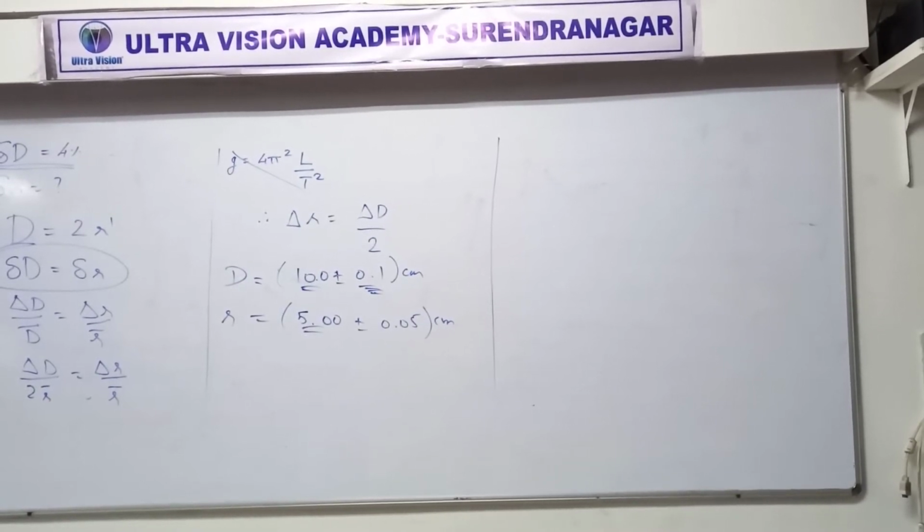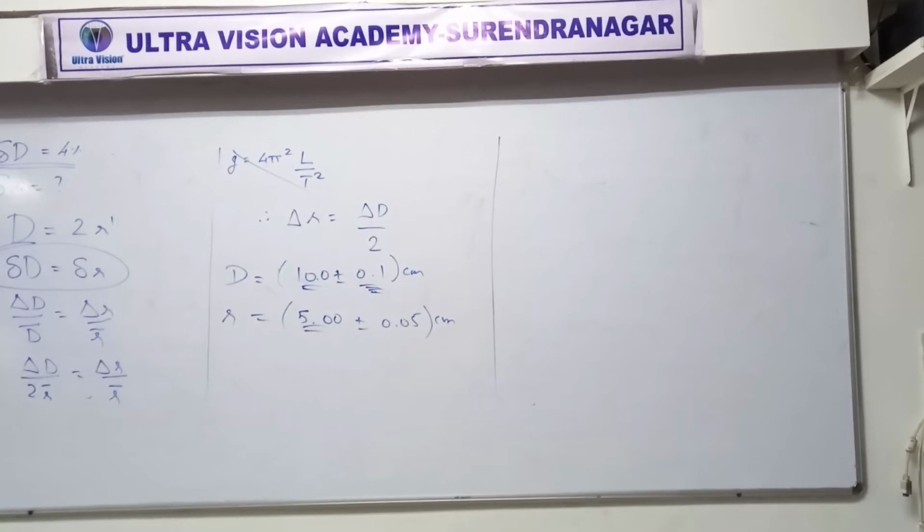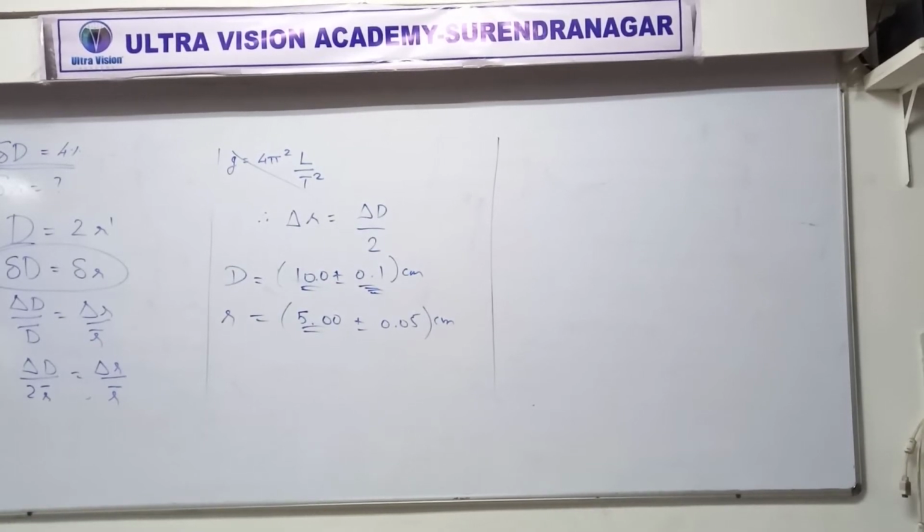Its diameter is measured with a vernier caliper. Now that's a new name for you probably. Vernier caliper is a slightly different kind of instrument. It's not like a scale, but it's like a combination of two scales or two rulers. You can fix anything between its jaws. For example, you want to measure the diameter of this pen. Then it has two jaws like this.